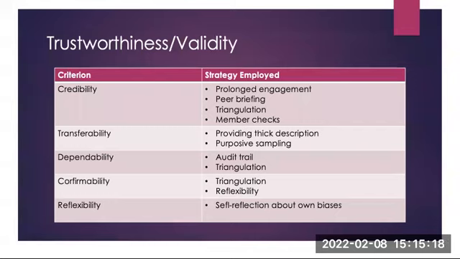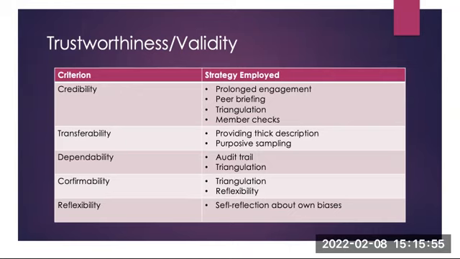Transferability refers to the degree to which the results of qualitative research can be generalized or transferred to other contexts. So it is important that we provide thick descriptions and describe not just the behaviors and experiences, but their context as well, so that the reader understands and those experiences become meaningful to the reader as well.